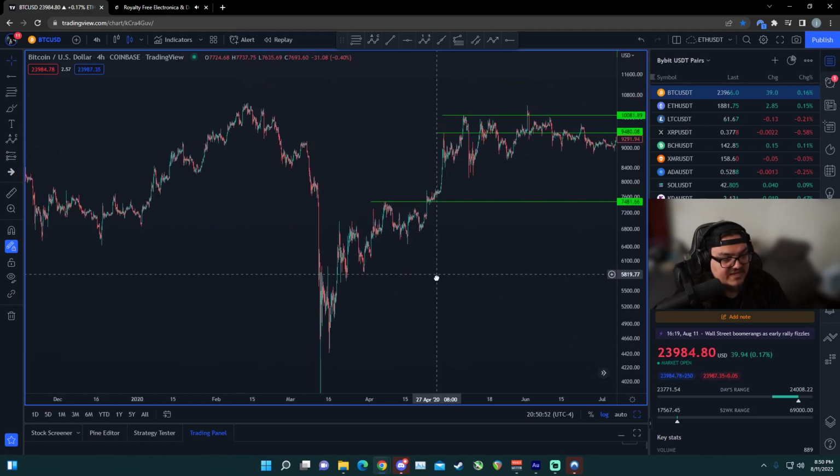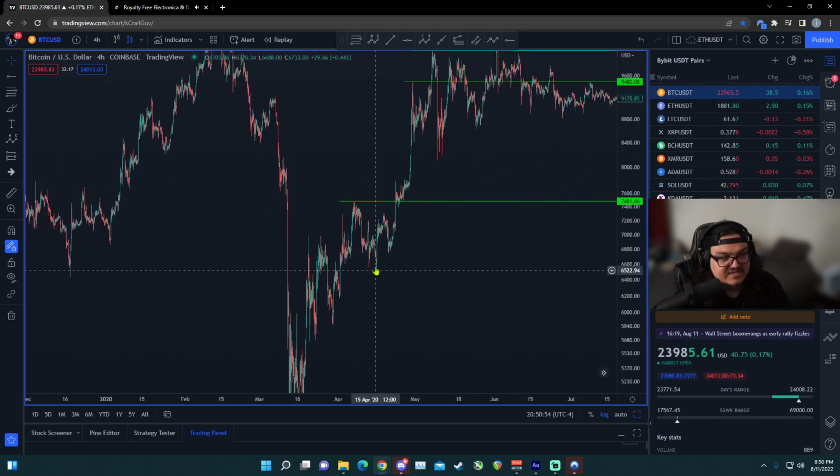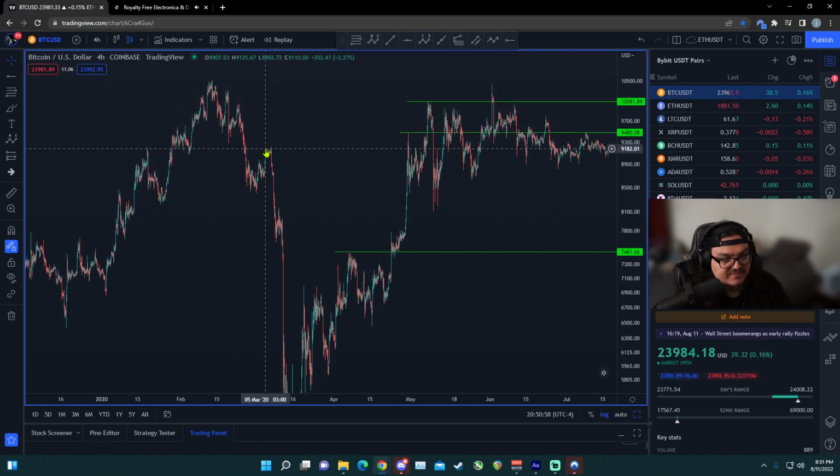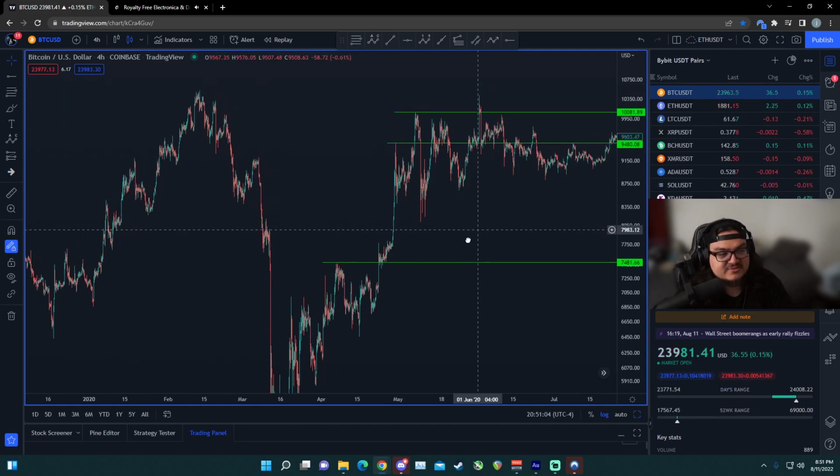I'll delete these and come back. So in some scenarios like this one, this breakout trade was a good one. You'd probably take profit around this resistance here. This is me trying to go back to my old roots and playing local highs and local lows.